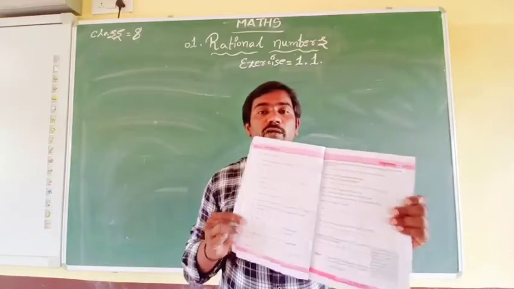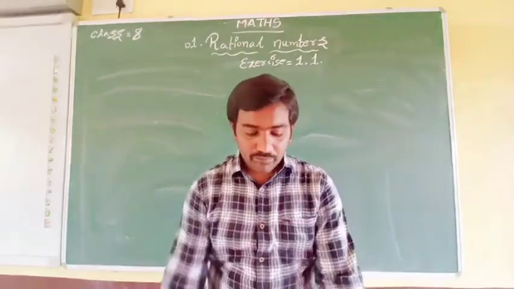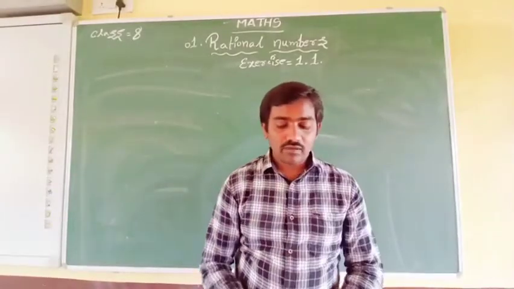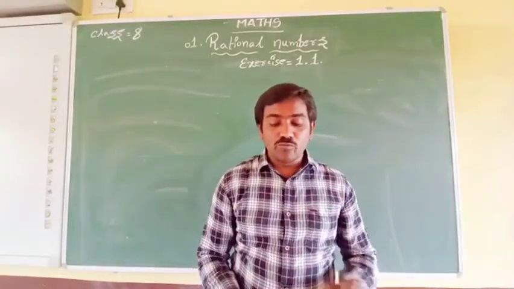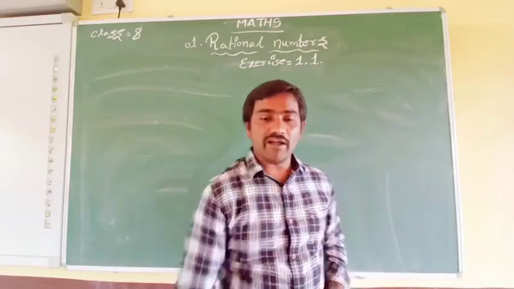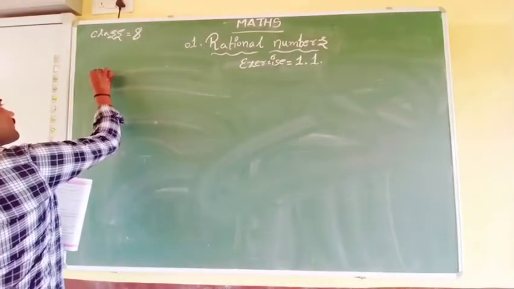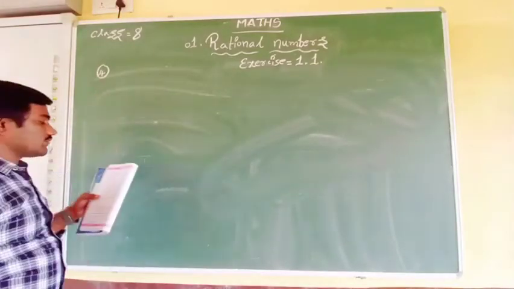Exercise number 1.1, page number 20. The question is: multiply 2 by 11 by the reciprocal of minus 5 by 14. Question number 4.